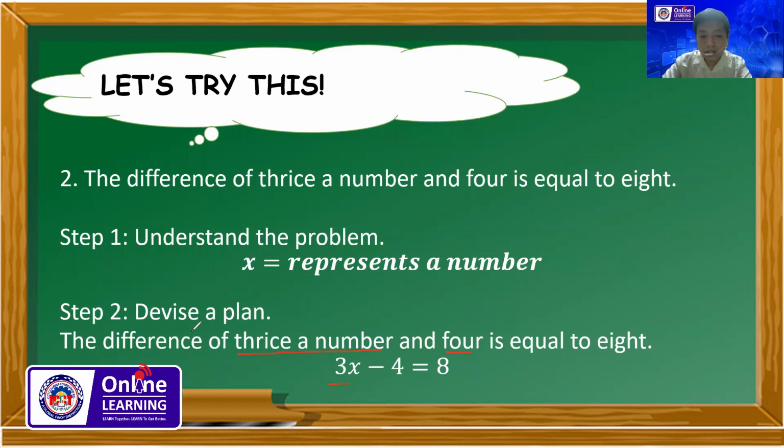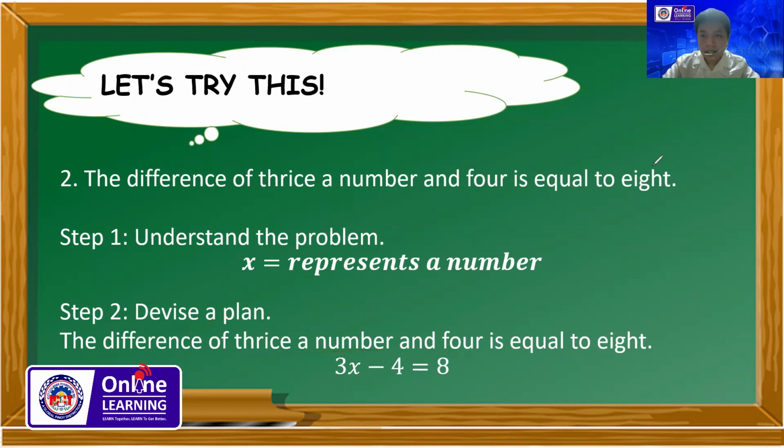So we're talking about difference in the word problem. So if you interpret that into a variable expression, it will become 3x minus 4. Then is equal to 8. So if you interpret this whole sentence, you will come up with 3x minus 4 equals 8. Okay, so that is our variable expression for us to solve this problem.